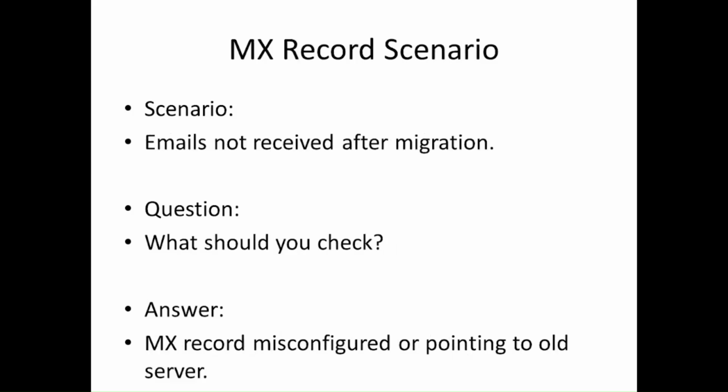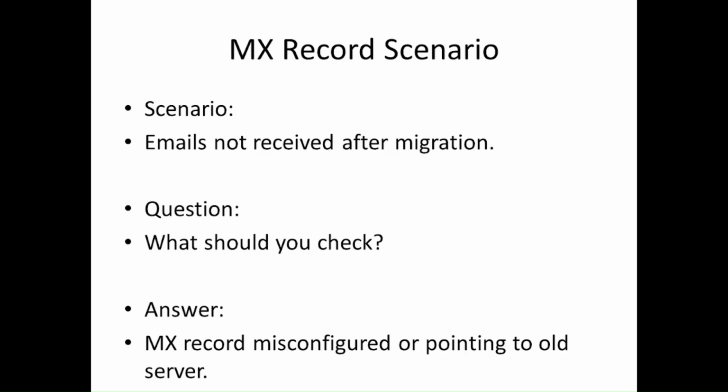The fourth one is the MX record, because we already discussed this. Yes, it is for mail servers. Here, emails are not being received after migration. MX records define where email should go. If they still point to the old mail server, emails will fail.